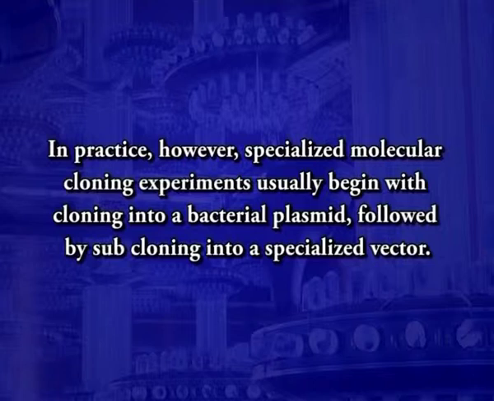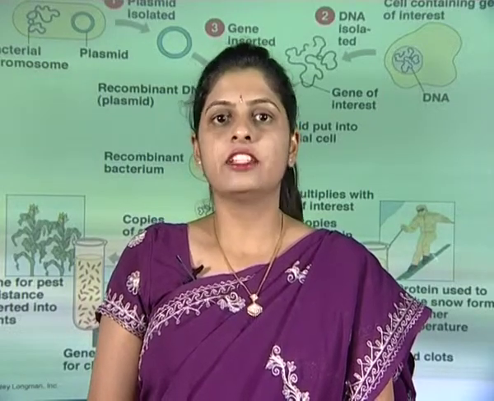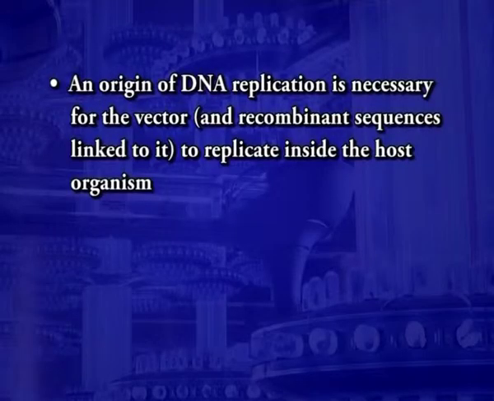In practice, however, specialized molecular cloning experiments usually begin with cloning into a bacterial plasmid followed by sub-cloning into specialized vectors. Whatever combination of host and vector are used, the vector almost always contains 4 DNA segments that are critically important to its function and experimental utility. 1. An origin of DNA replication is necessary for the vector and recombinant sequences linked to it to replicate inside the host organisms. 2.